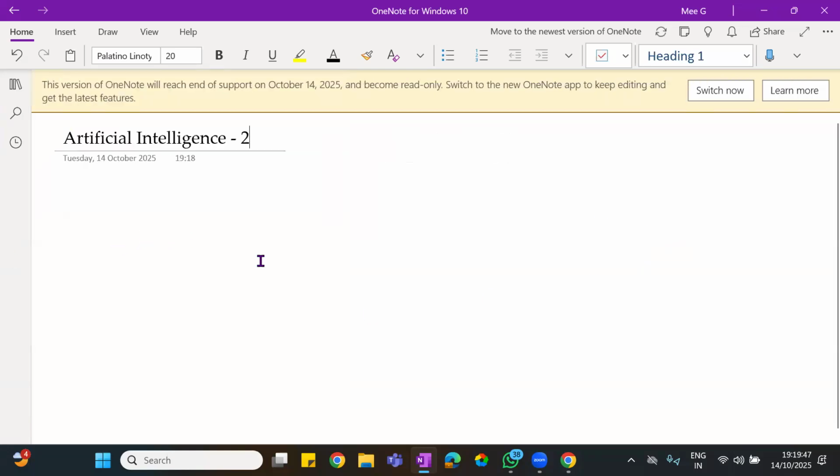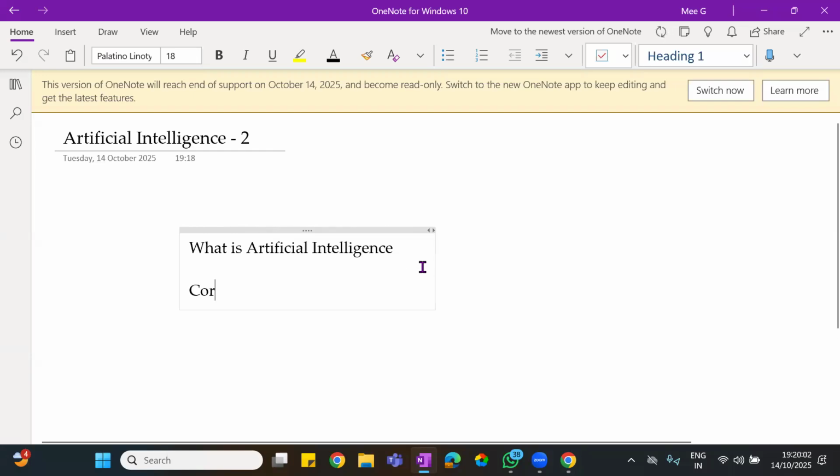We are going to start with what is AI, that is artificial intelligence. What is the core mechanism? AI. Okay. Now, what is ML?